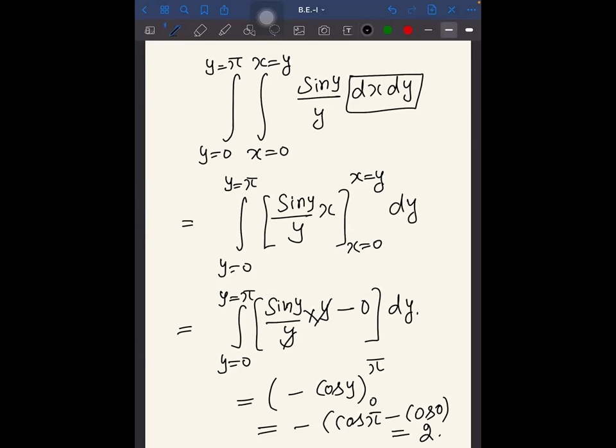So let's say question number 24. Given that the limits are 0 to 1, again we'll need to change the order of that integration. 1 minus x to 1 minus x square, dy dx.